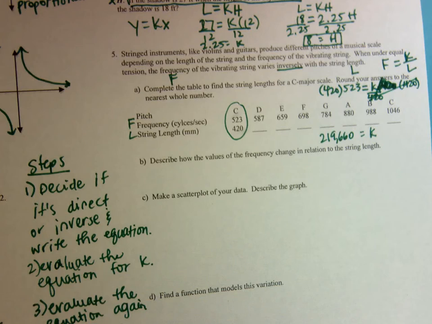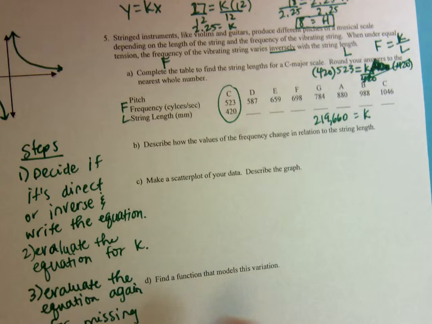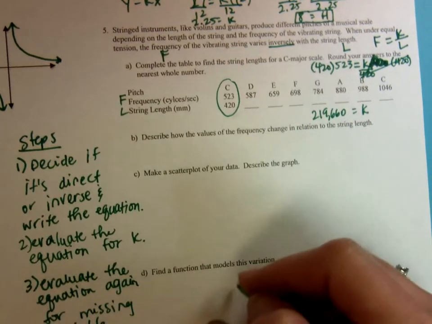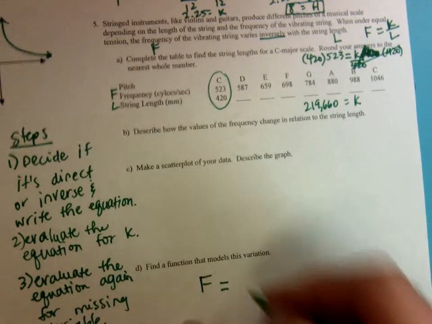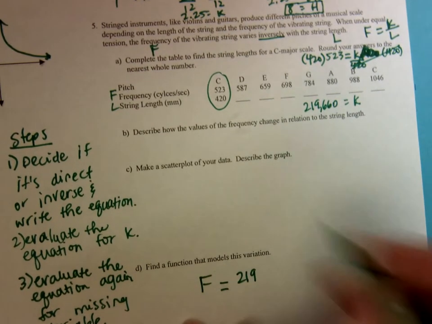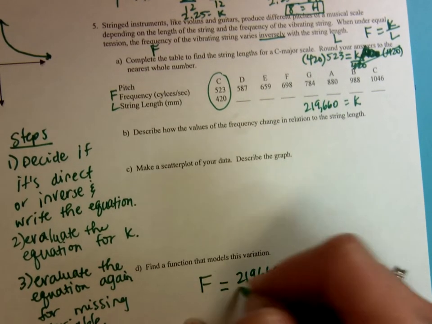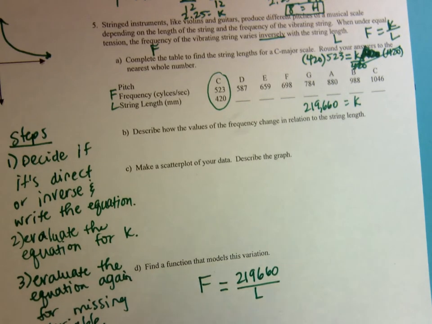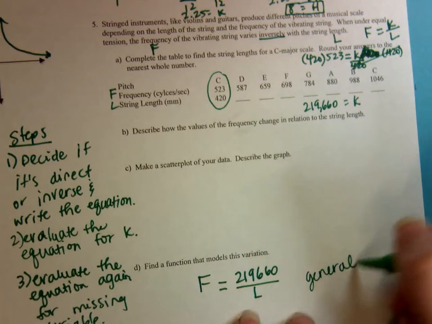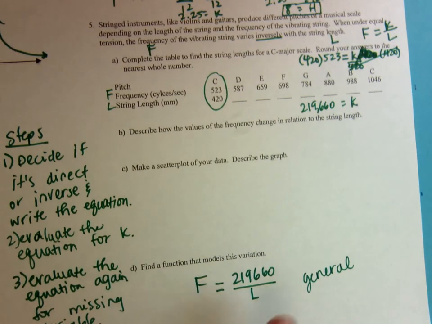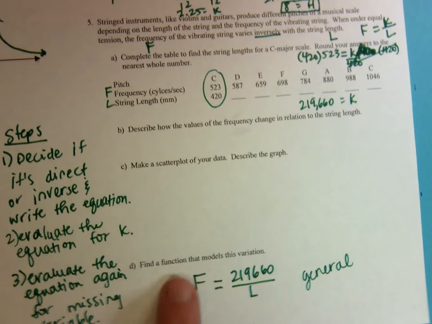That would be a general equation. So we want to do the same thing here. We don't want to put the F. We want it to be general. We want the K, because that's going to be our constant of variation. And then we don't want the L. So that's the general function that we would use to figure out the string length if the frequency is given, or vice versa.